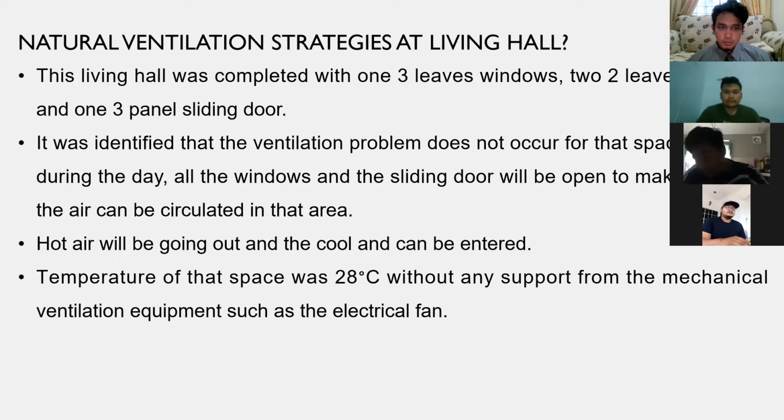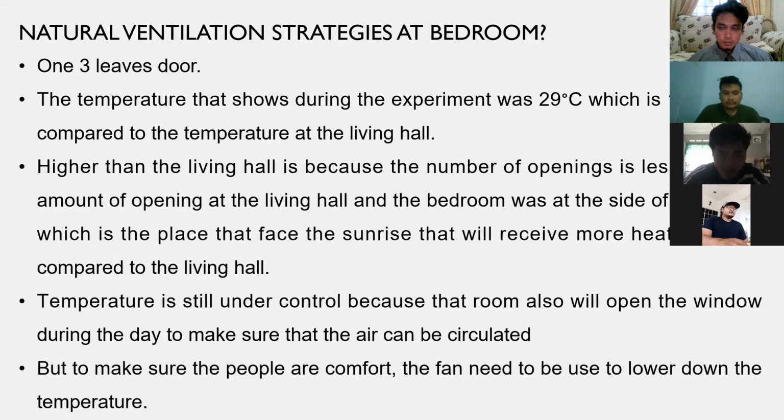And the temperature of the space was 28 Celsius without any support from mechanical ventilation equipment such as electrical fans. Next, we will go to the ventilation strategies at the bedroom.